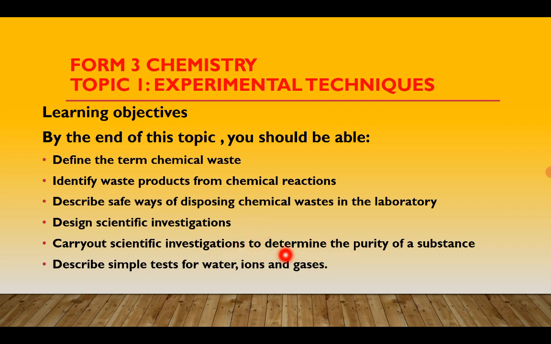All right, we are also going to describe simple tests for different gases, namely testing for hydrogen, which makes a pop sound when ignited, and also oxygen, which relights a glowing splint, and the other gases such as chlorine gas, ammonia, carbon dioxide, and the other gases.